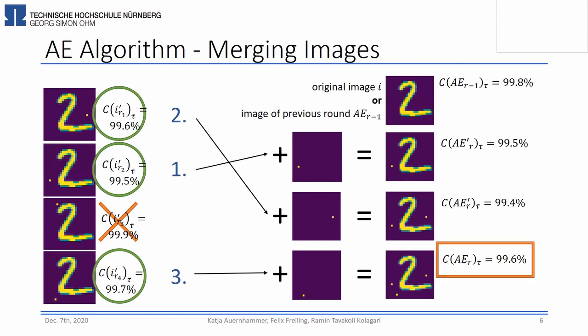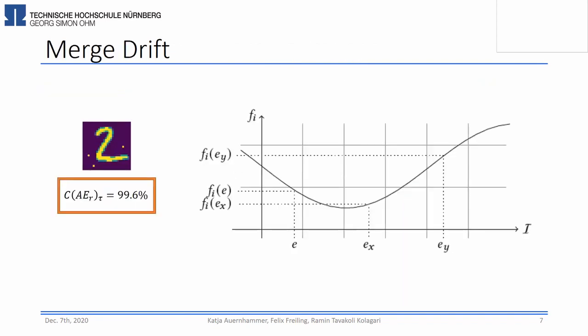And this is what we call the merge drift. Merge drift means that two candidates, which both result in a smaller probability for the true class, result in a probability for the true class that is higher than at least one of the candidates' probabilities when merged together.